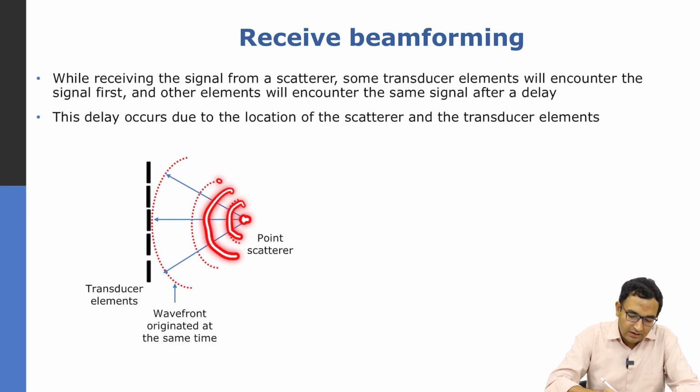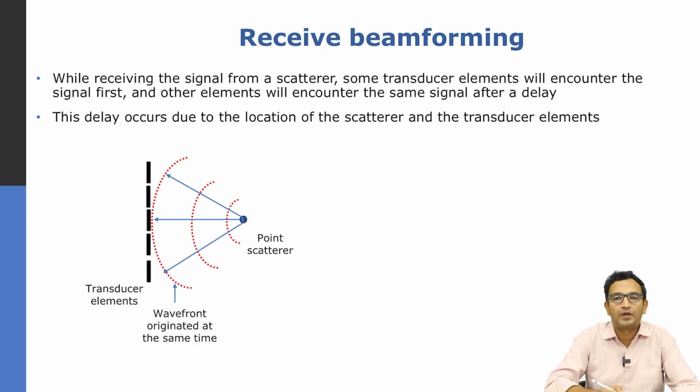Now, the point scatterer generates a spherical wavefront and the signal is not going to arrive at all the transducers at the same time. So, now the idea is to sum up the signal, but these signals are not in phase, because again the distance is different. So, again we would like to apply delays and bring the signals in phase, right. That process is called receive beamforming.